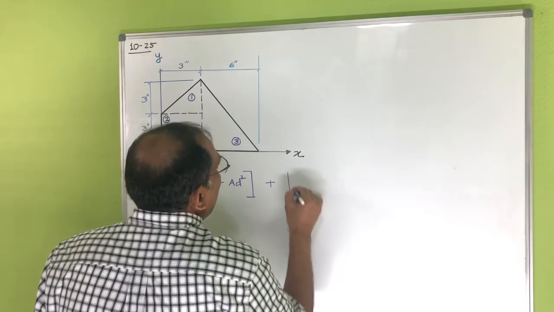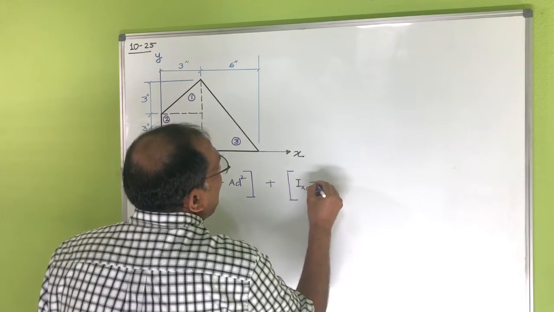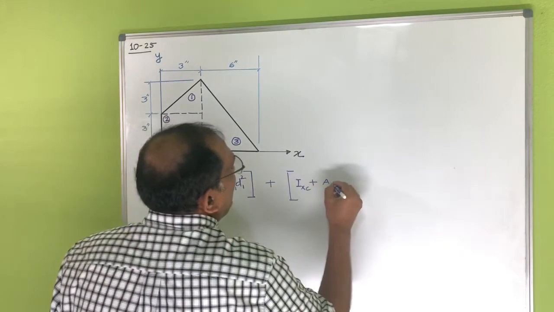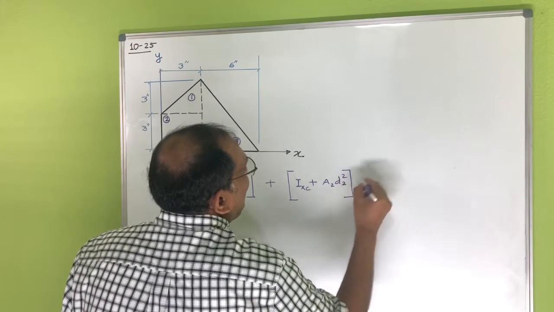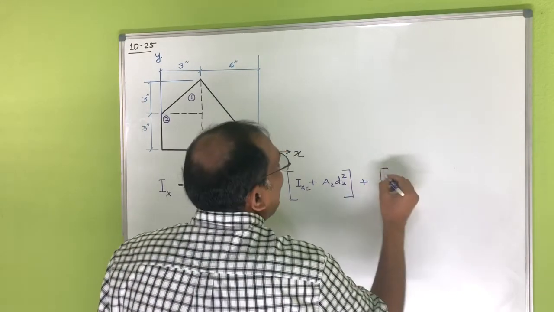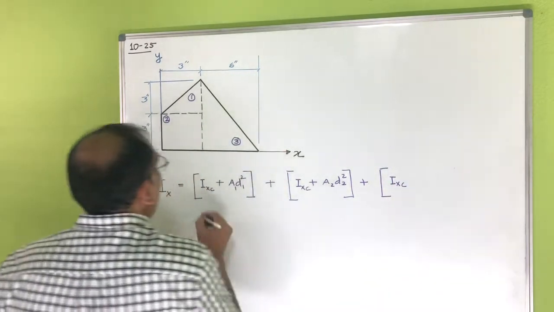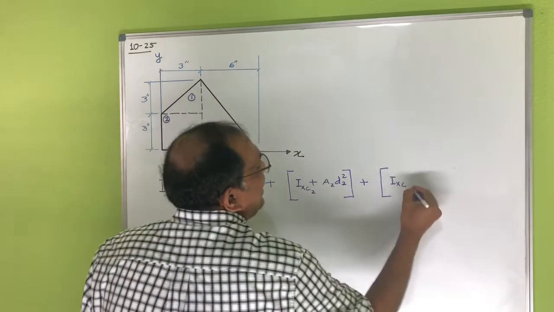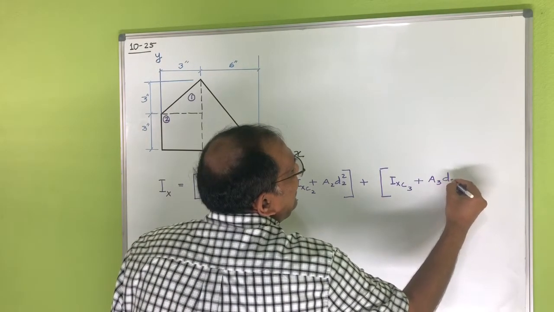For component 2, Ixc plus A2 d2 square, plus Ixc, I'll just put 1, 2, and 3 here, and then A3 d3 square.